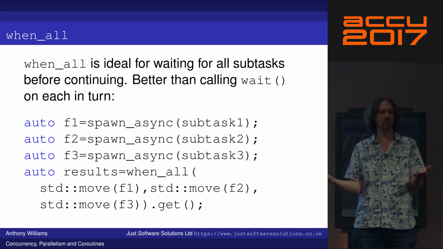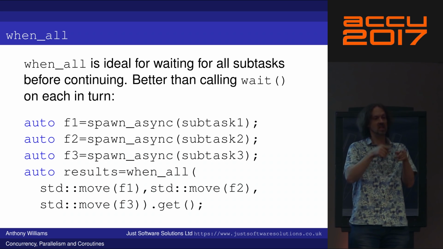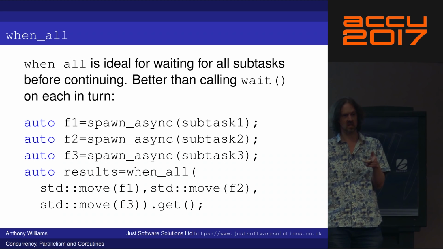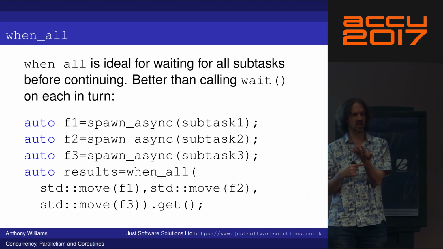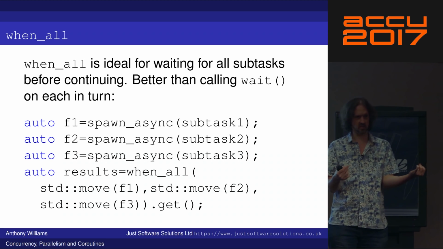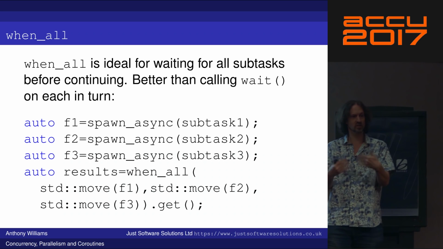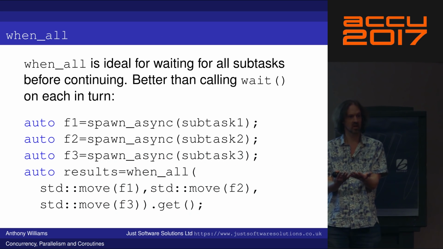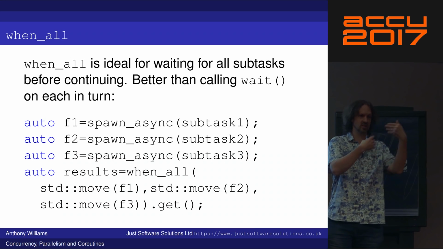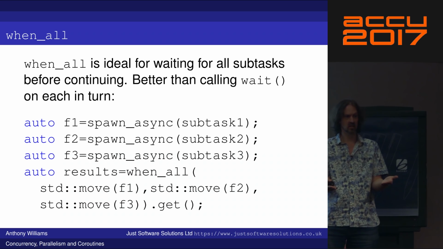Yes, you can use any mix of futures if you're passing them in as individual parameters, because each parameter to your when_any call can have a different type, and then it gets gathered into a tuple, which again can have different types for its elements. But if you're using a vector, the iterator version, then obviously your iterators have to have the same value type. So you end up with a vector containing a particular type of future, and each element must be identical in that case.